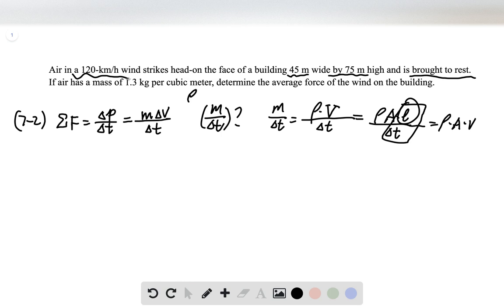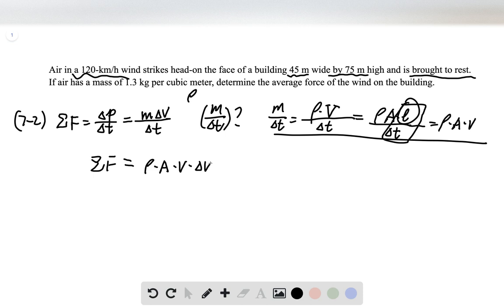So that is what is giving us the amount of mass that is brought to rest per second. So let's try to plug everything in and see what we get. If m over delta t is this, we have the force equals rho times A times V times delta V, which is also the same V.